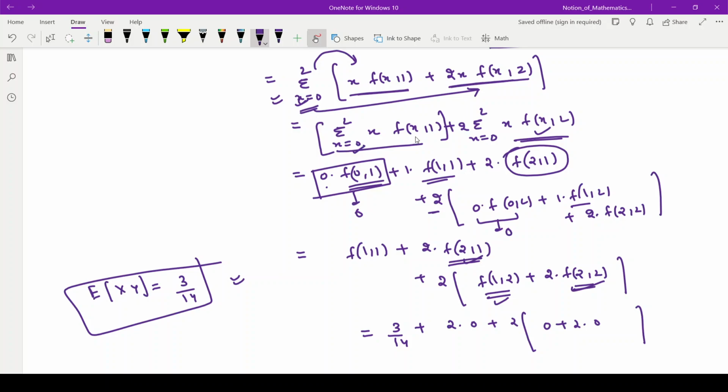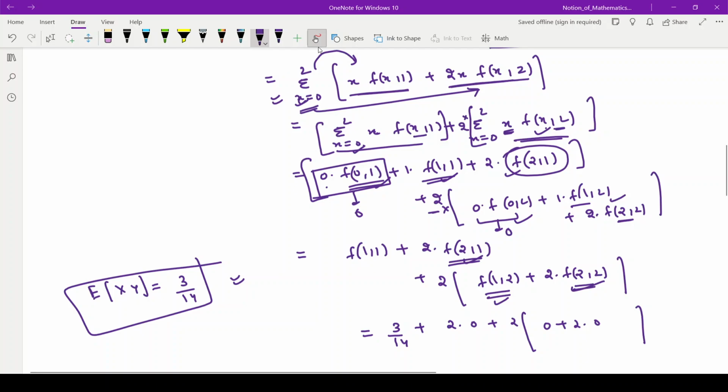So it is 0 into f01, 1 into f11, 2 into f21. This is all about the first bracket. In this one, when I expand this summation multiplied with 2, it is 0 into f02, that is what I have written, 1 into f12, 2 into f22.